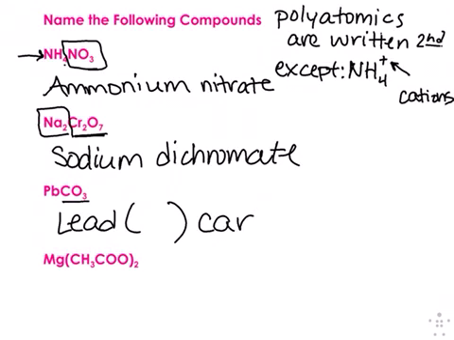So you just write carbonate. And then you have to figure out what charge, or what Roman numeral, needs to go in the parentheses. Looking up carbonate, what is the charge on that? -2. And so what does the charge on the lead have to be to balance out that -2? +2. Very good.